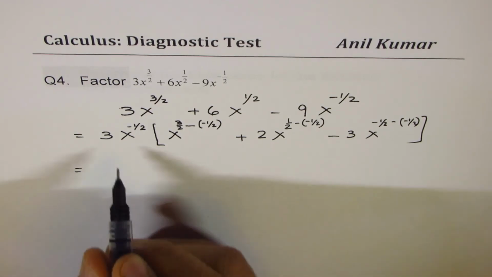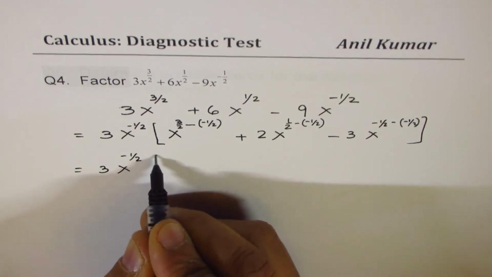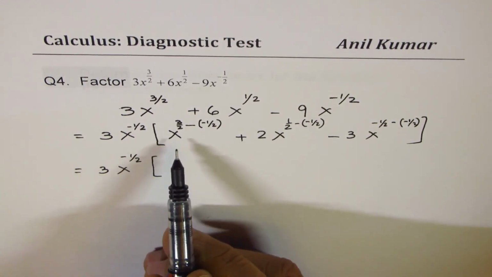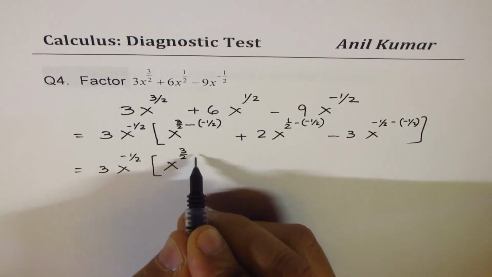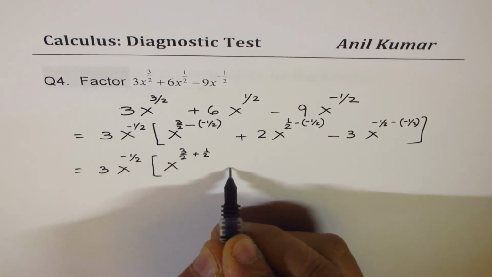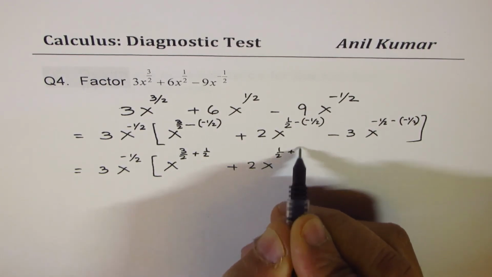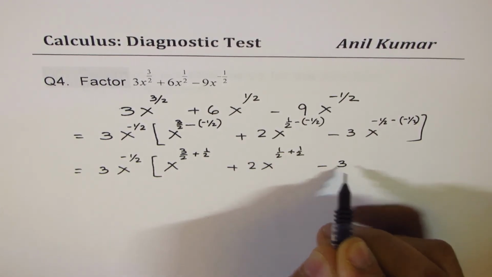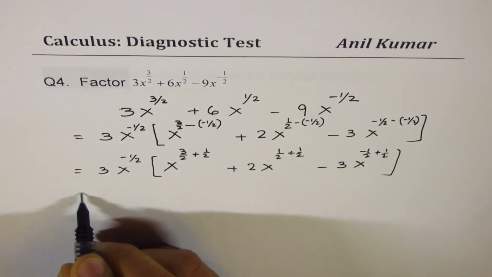Now let's do our math. So we have 3 x to the power of minus half within brackets. What is 3 by 2? Let me rewrite this. 3 by 2 plus half. Do you see that? Plus 2 x to the power of half plus half minus 3 x to the power of minus half plus half, correct?